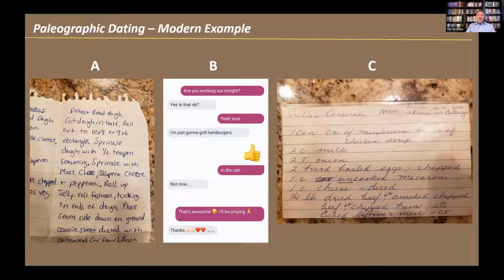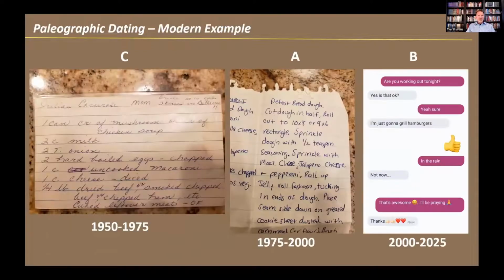But if I were to show you the next slide, and I put these in order, and I put dates with them, and I were to show you that this recipe really comes from about 1950 to 1975, this other one comes from 1975 to 2000, and this one comes from 2000 to 2025, then you probably would not dispute these dates too much.